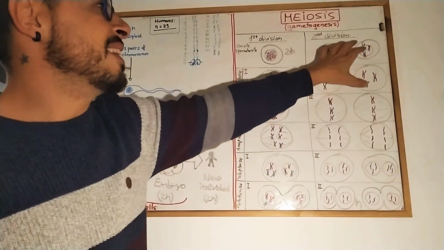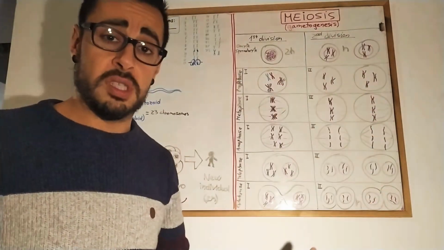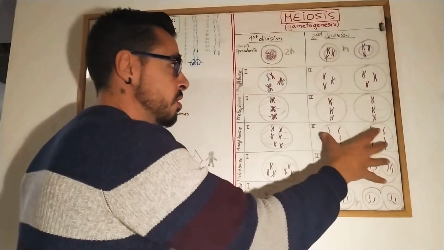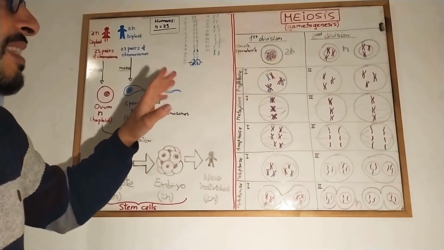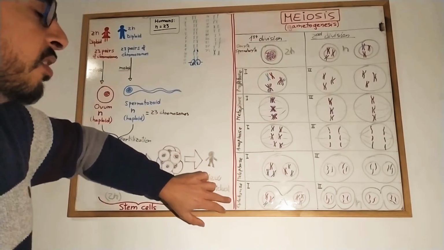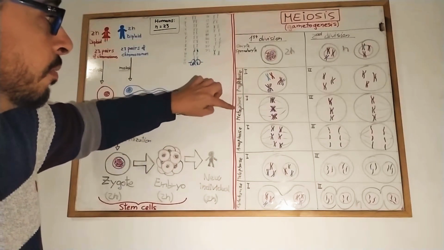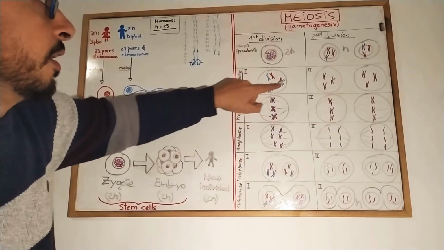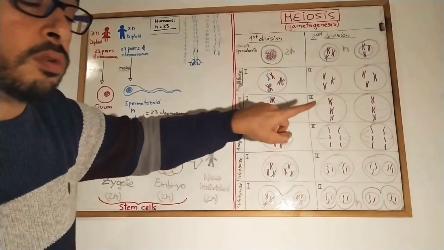The second division is just like mitosis. But the first division is different. It has the same phases: prophase, metaphase, anaphase, telophase, and cytokinesis. Here we have prophase 1, metaphase 1, anaphase 1, and here the second division: prophase 2, metaphase 2, anaphase 2.